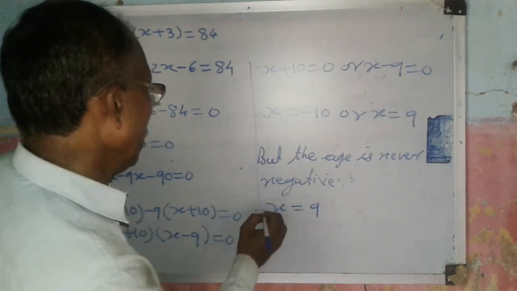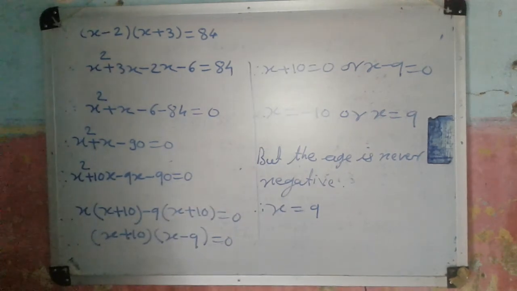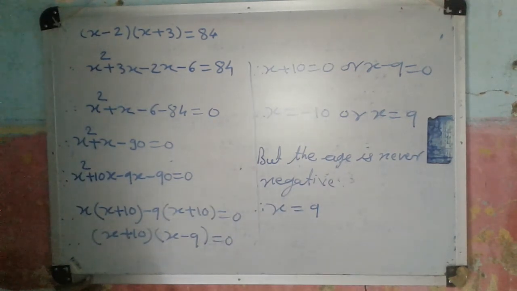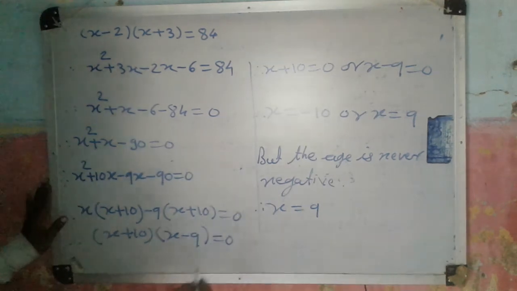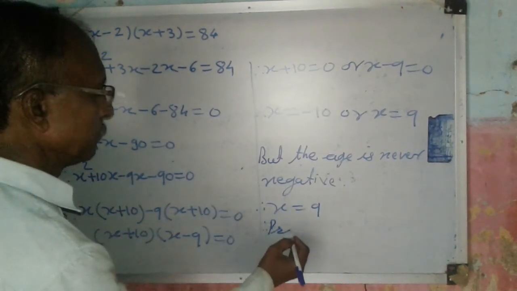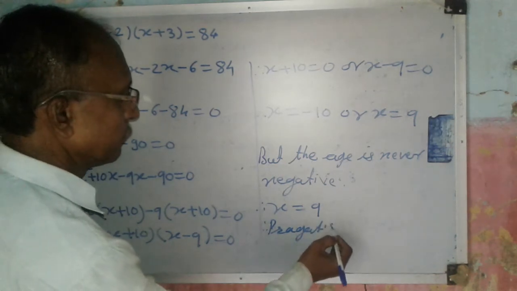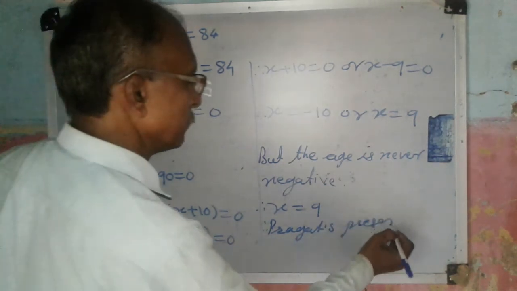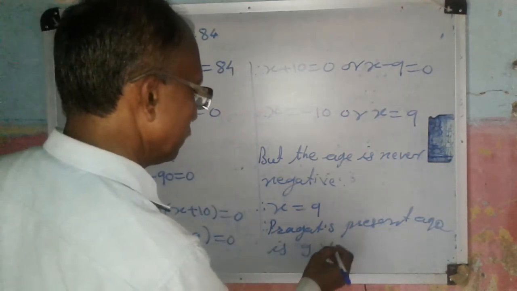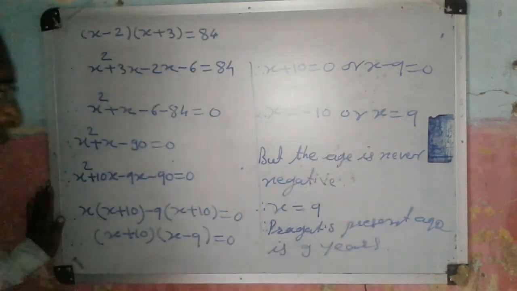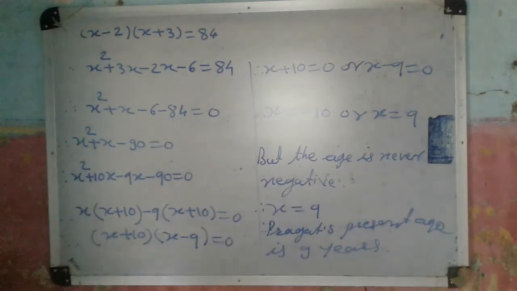Therefore x is equal to 9, and x is for Pragati's present age. Therefore Pragati's present age is 9 years.